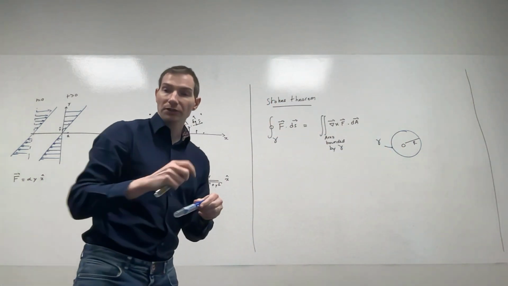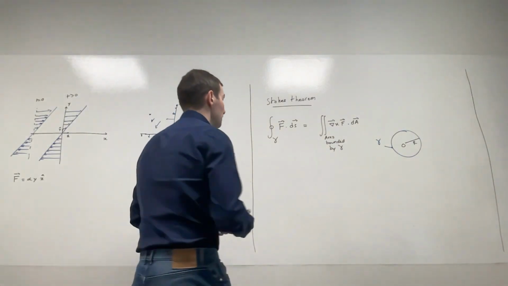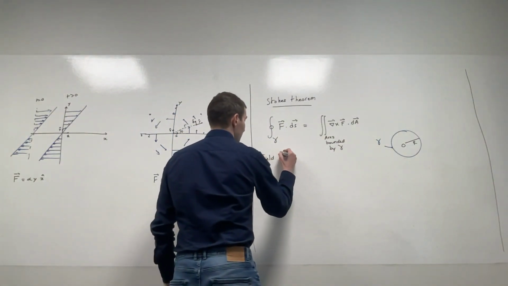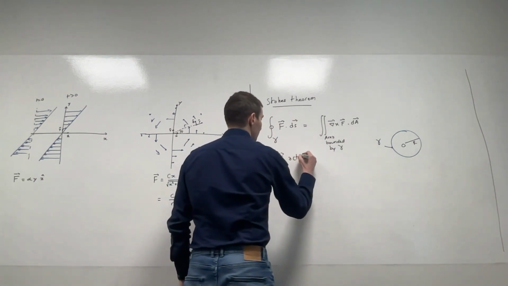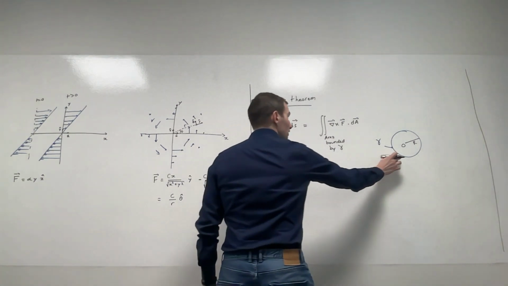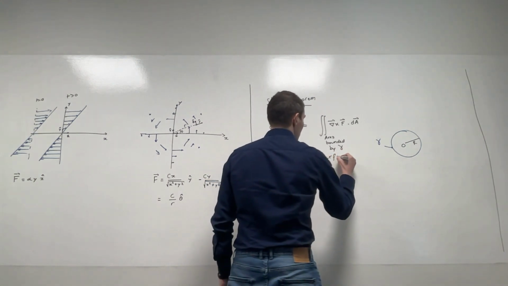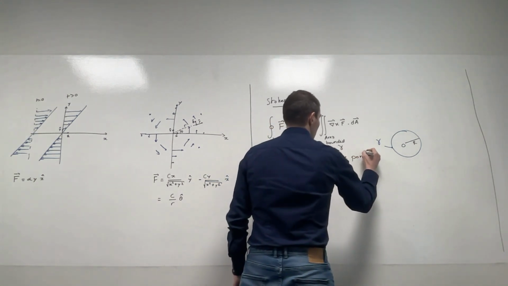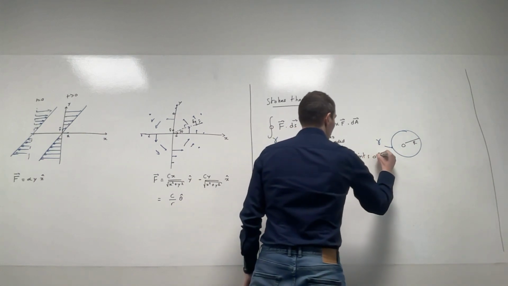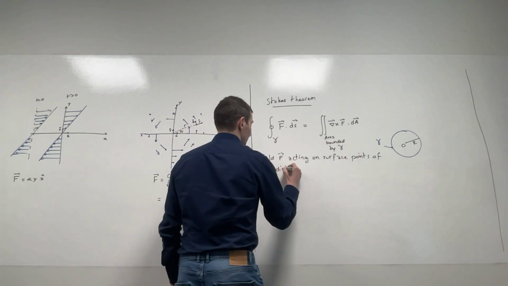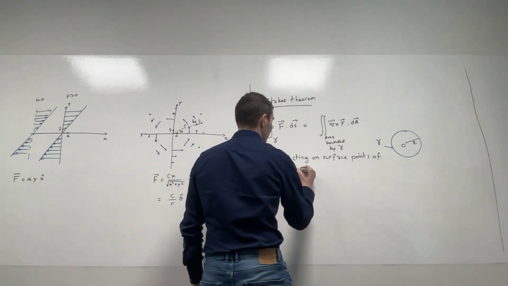Okay, and what I want to do is consider a field F, which is going to act on the surface points of the disk. Okay, and so it's going to act as a force.